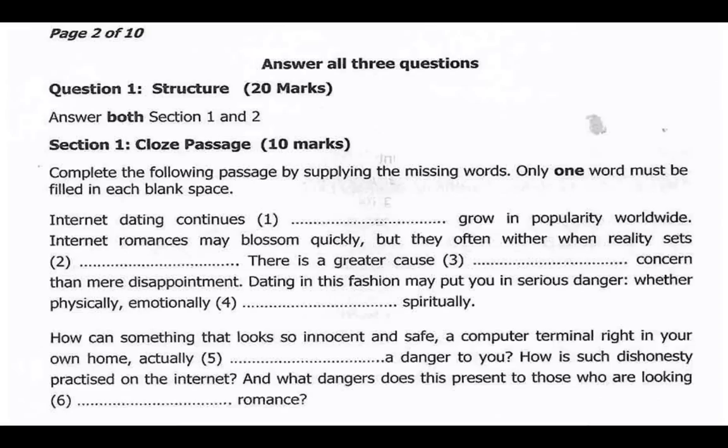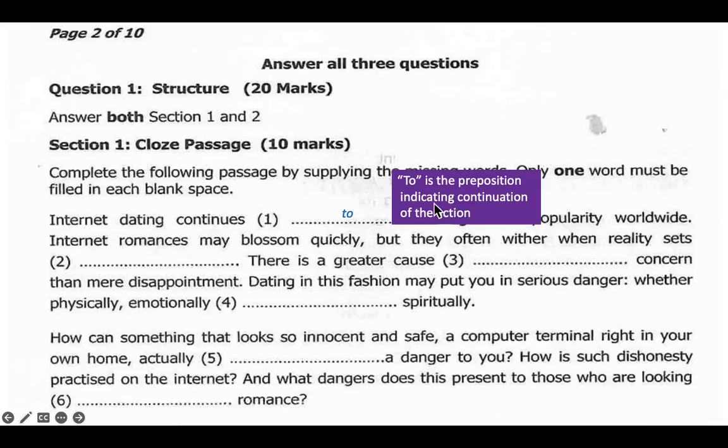So the preposition which we will apply is "to", a preposition indicating continuation of an action. Internet dating continues to grow in popularity worldwide. So we take note of continuation. Continuation to grow is giving us a continuation of an action.